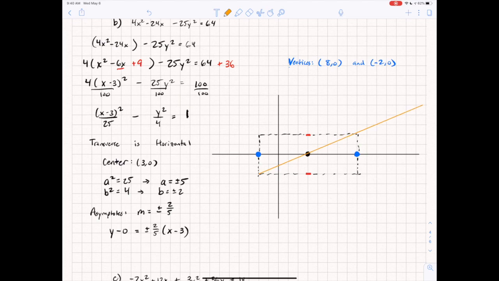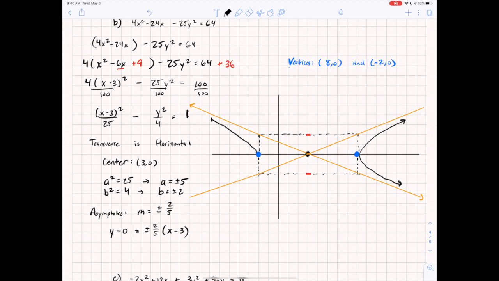This is why I needed a little bit more space. There's that one. A little extra line, maybe a little off, but that's okay. And then we can draw in what the hyperbola looks like here and here.